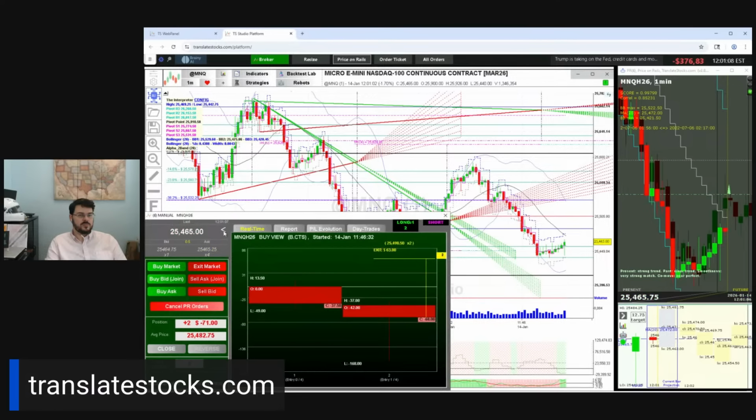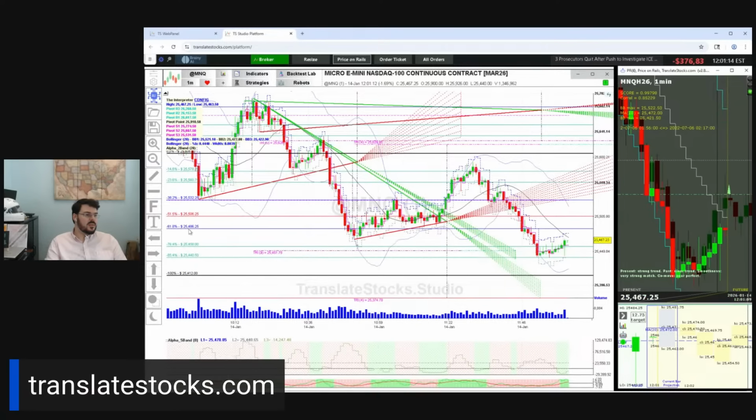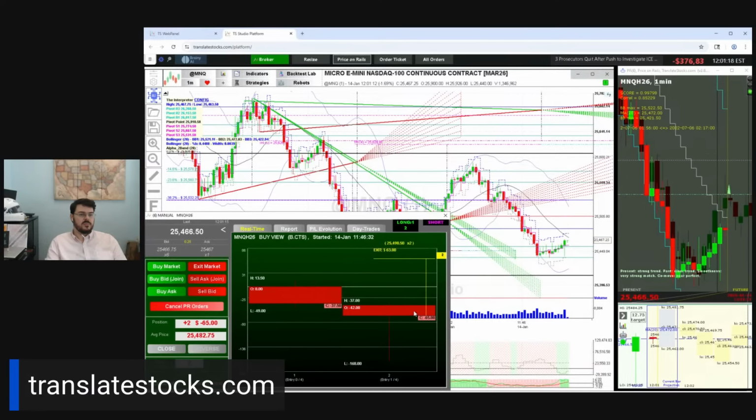$482. Where is this line here? It's 486. $486. 522 is the other Bollinger Band. 472.